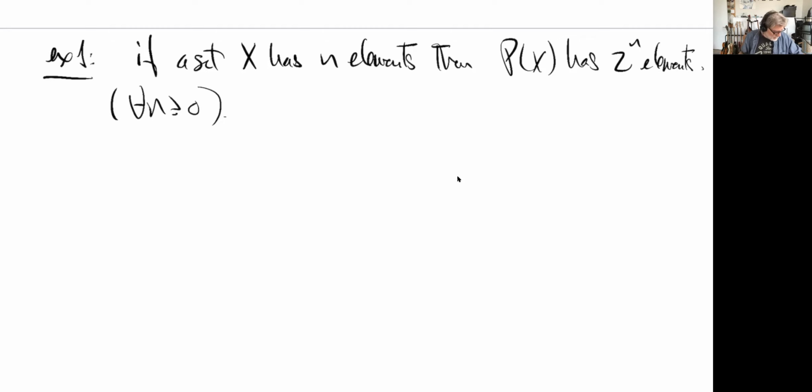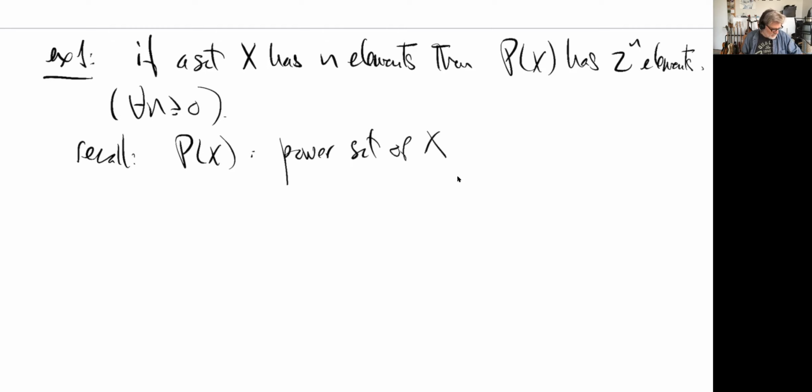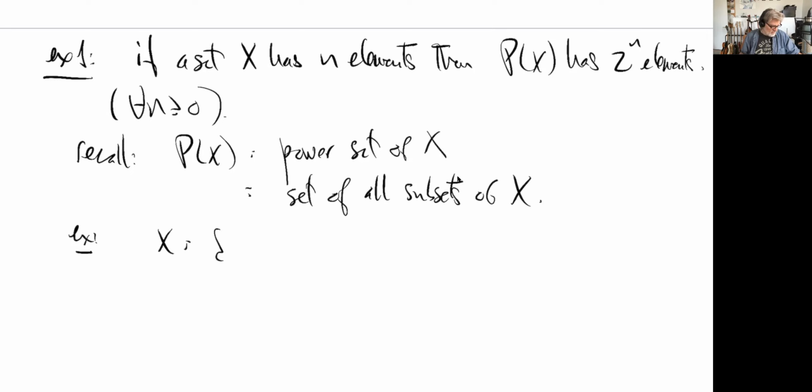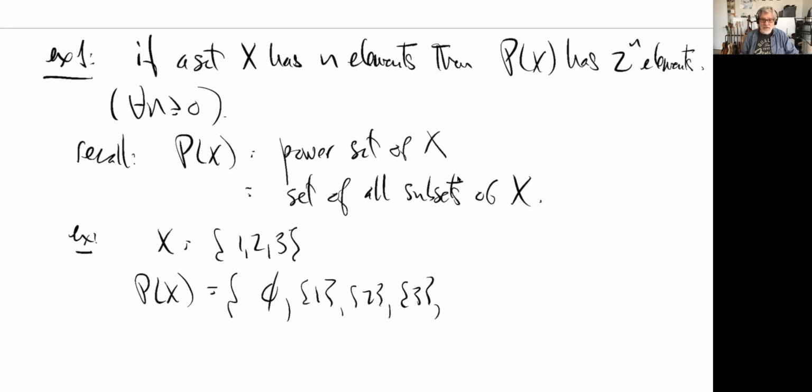Now, recall that P of X is the power set of X. This is the set of all subsets of X. So for example, if X is {1, 2, 3}, then the power set of X consists of the empty set, the one element sets {1}, {2}, {3}, the two element sets {1, 2}, {1, 3}, {2, 3}, and the whole set itself {1, 2, 3}.